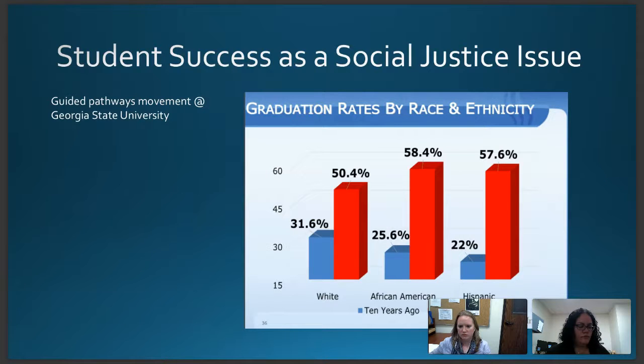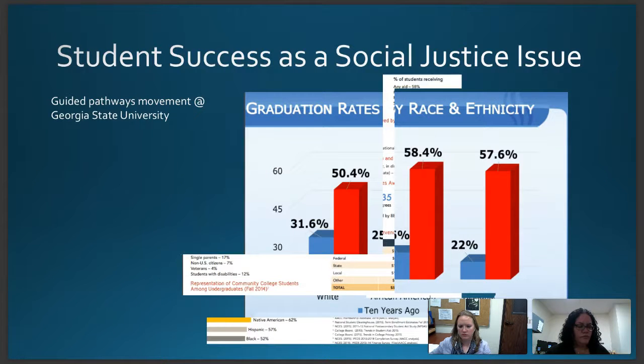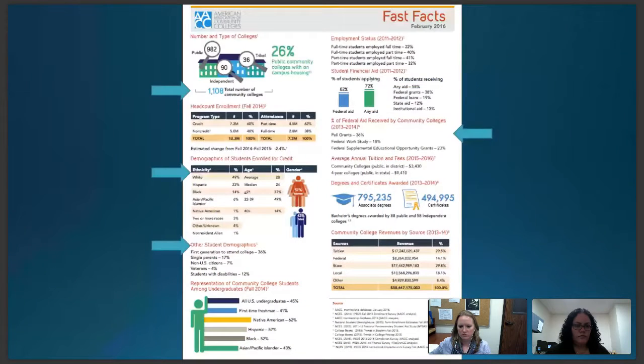So that's that slide. Just a quick, who are our students? This is the FAST fact sheet from the American Association of Community Colleges from February of 2016. The little arrows, I've highlighted a couple of different data points that I wanted to share.